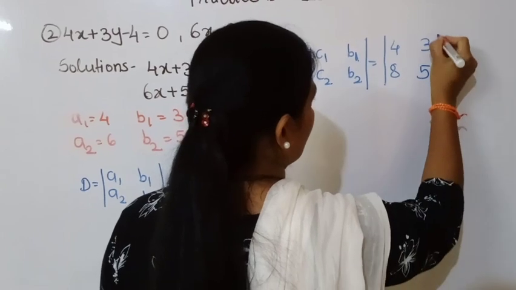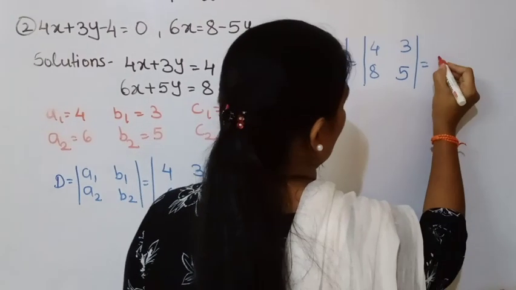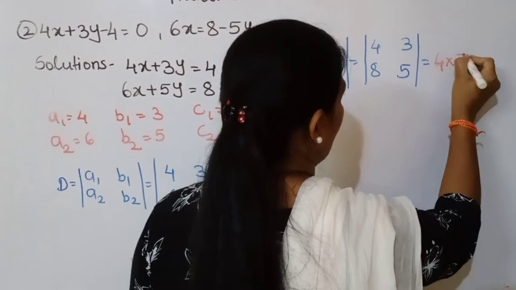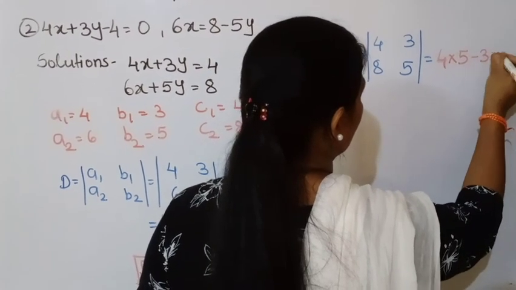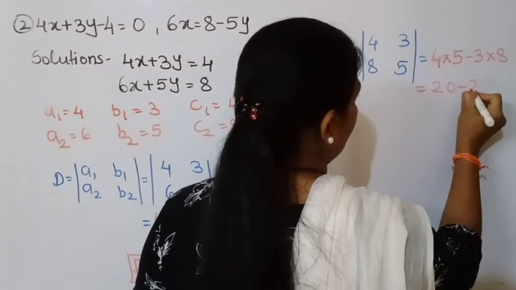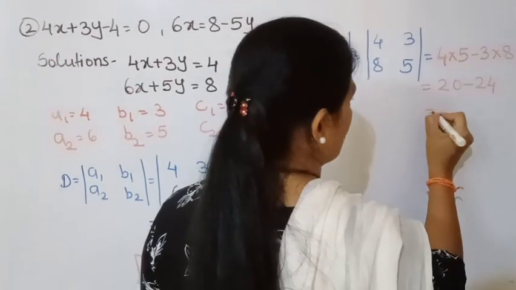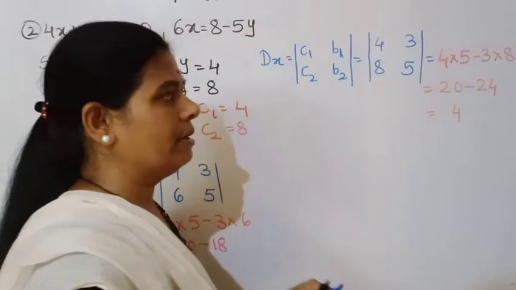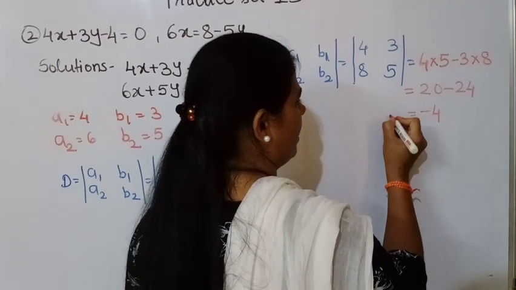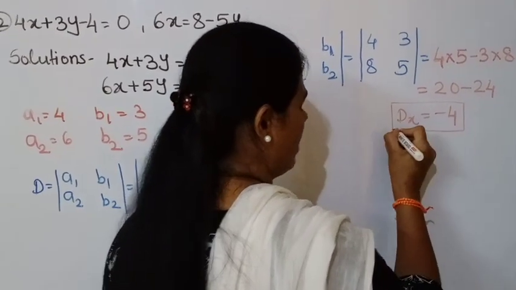We'll cross multiply: 4 into 5 minus 3 into 8. Now 4 fives are 20 and 3 eights are 24. So 20 minus 24. Here the greater number is 24, which has the minus sign, and therefore our answer is minus 4. This is the dx which we have got.